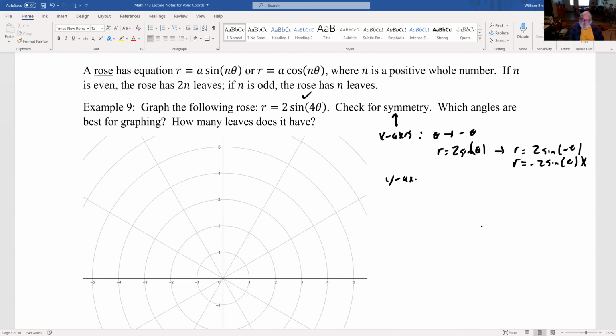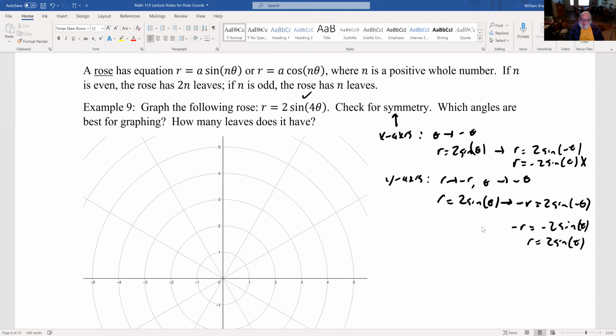Y-axis symmetry is replacing r with minus r, theta with minus theta. And here, we get minus r equals 2 sine of minus theta. Sine is odd, so the minus sign comes out of the sine, and now the minus signs cancel out.